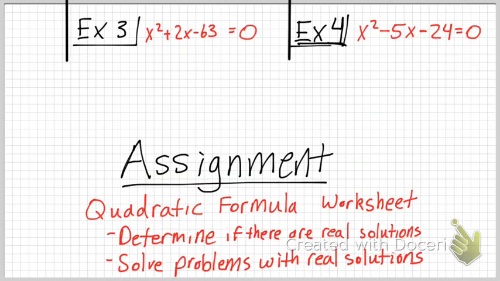So the answers to your problems here are going to be that you've got, for example 3, you end up with negative 2 plus or minus the square root, and the discriminant here ended up being 256 over 2. And when we simplify this, this becomes x is equal to 7 and x is equal to 9.